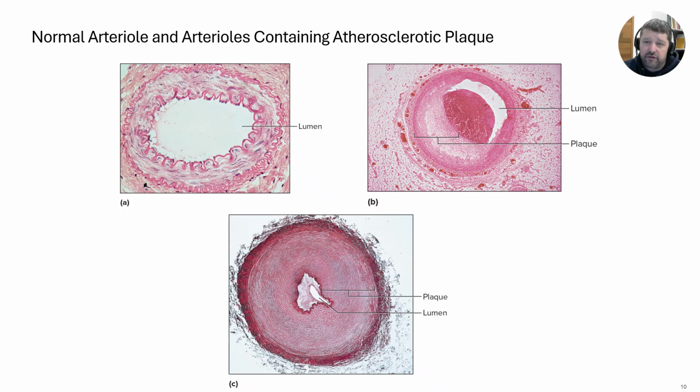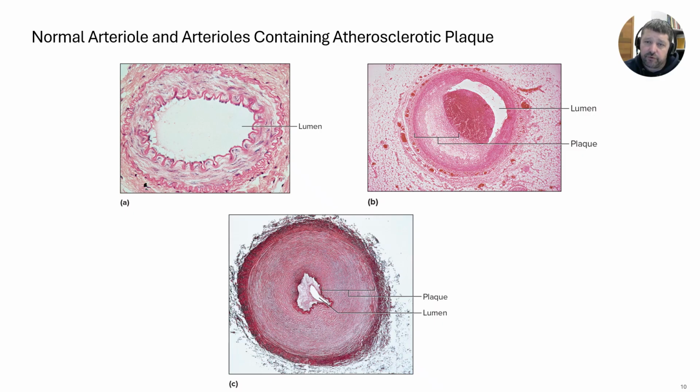But when you start building that cholesterol up, that layer of protection starts building up more and more. And so there you can see a fairly thick plaque layer. It decreases the diameter at which the blood can flow through. That's called the lumen. That open space is where the blood can travel through.